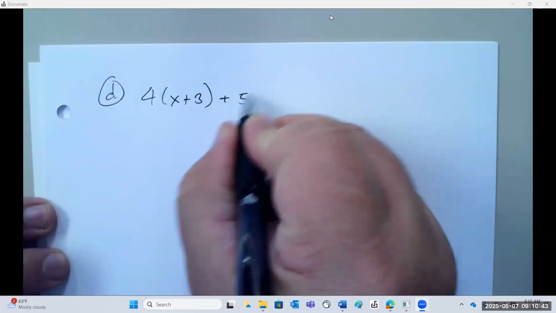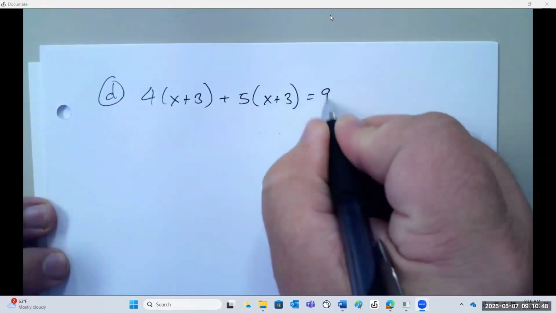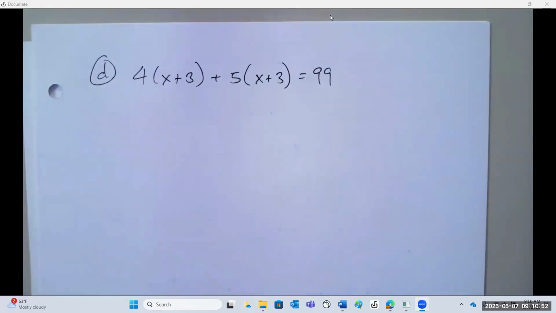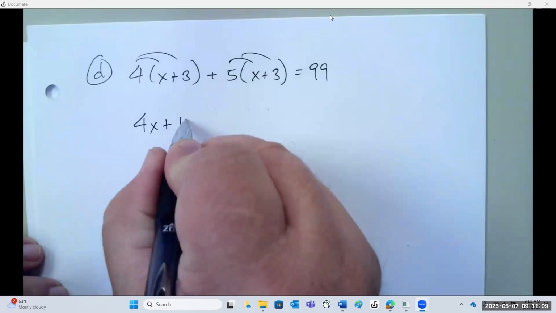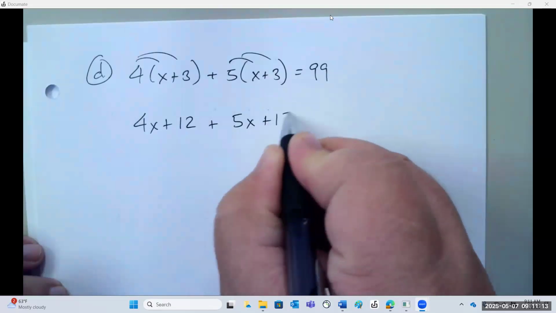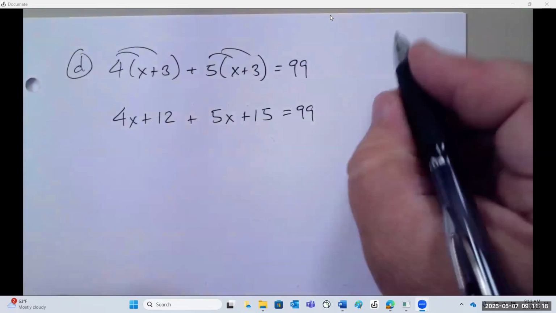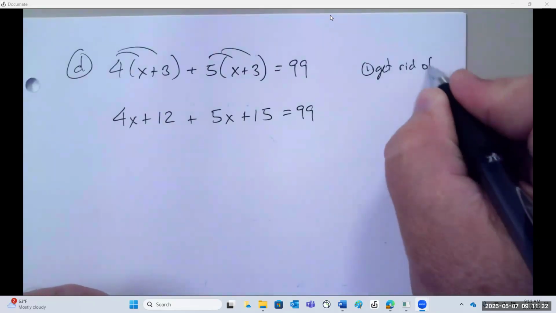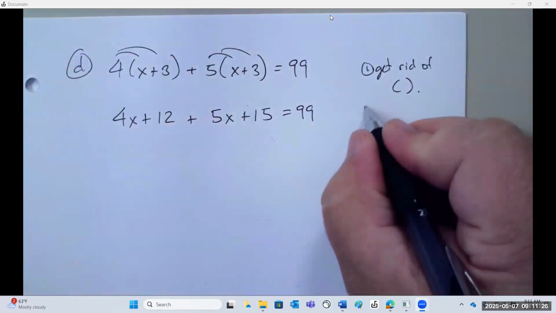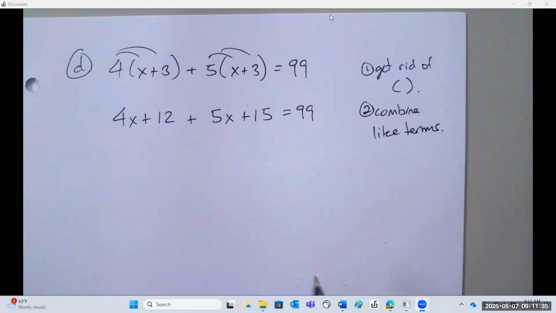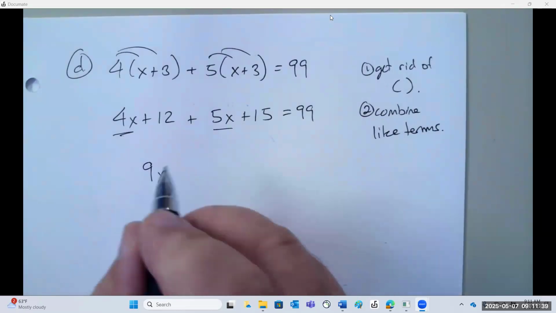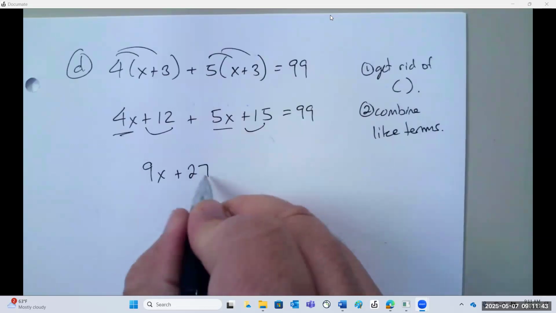4x plus 3, 5x plus 3 equals 99. First step here, get rid of parentheses. 2, combine like terms. 4x plus 5x is 9x. 12 plus 15 is 27.